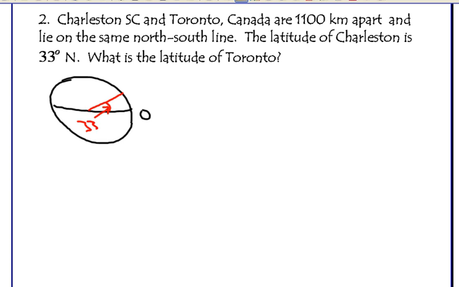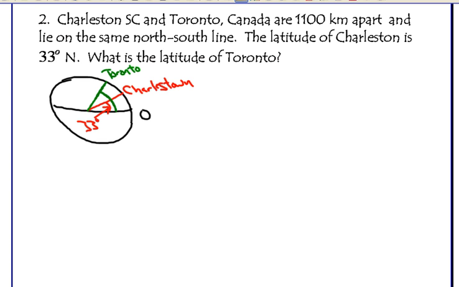So that angle right there is 33 degrees. And that's Charleston. Then we know from our geography, hopefully, that Toronto is further north. So I'm going to have some city here, further north, Toronto. And what that angle is, I'm not sure.